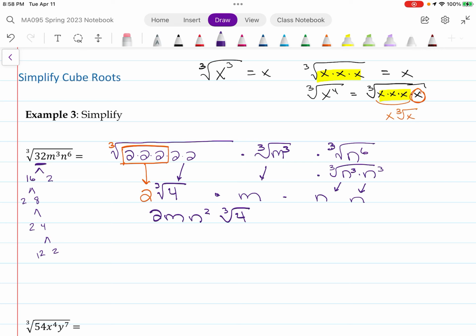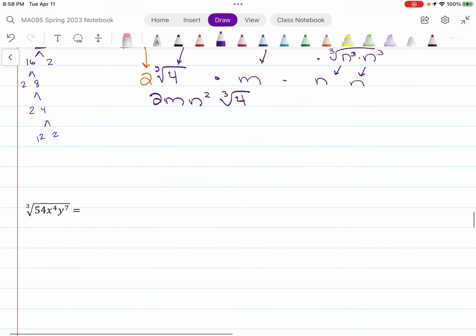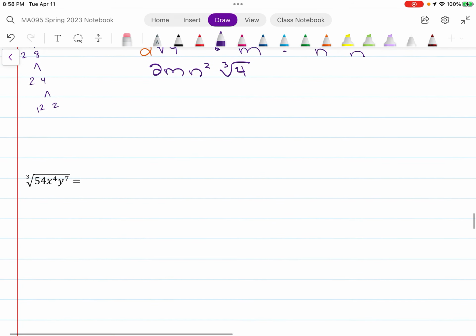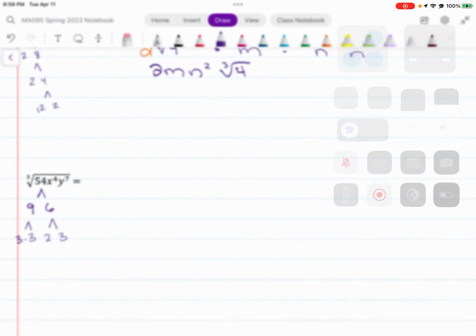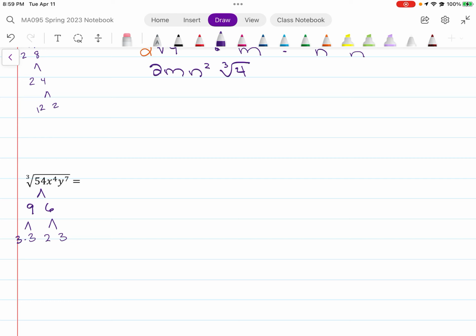All right, so let's move on from there and try another one. 54. Let's just factor this. 54 is going to be 9 times 6. 9 is 3 times 3, and 6 is 2 times 3. I'm going to turn on my focus to present so it doesn't keep making noises. All right, so we've got 3 times 3 times 2 times 3.